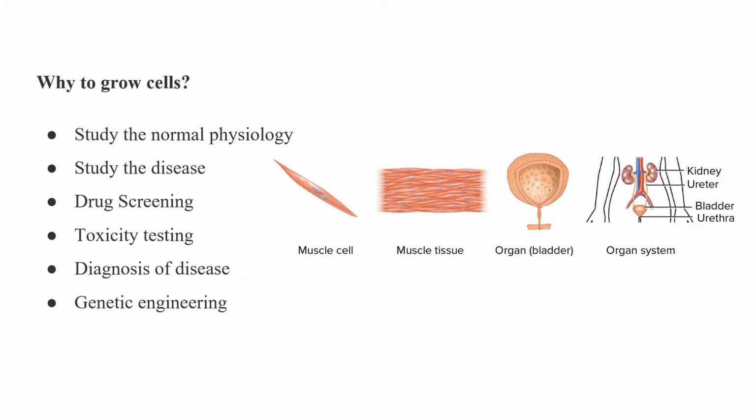Now you may also have the question: why do we grow these cells? As you know, we have organs or organ systems, and all these organs are made of tissues, for example muscle tissue, and this tissue is made of cells.